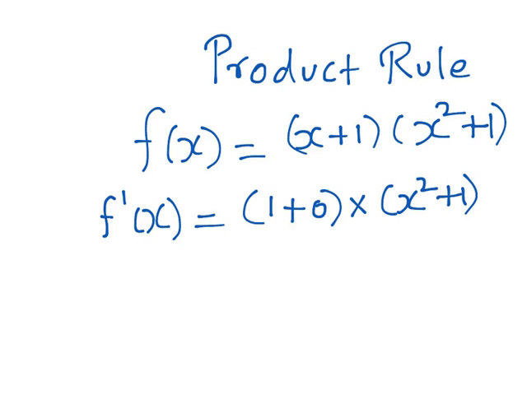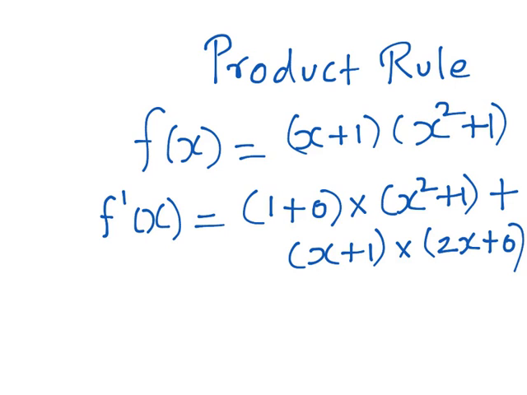Plus, now the second term: I'll keep the first term as it is, which is x plus 1, and I'll find the derivative of the second term, which is 2x plus 0.